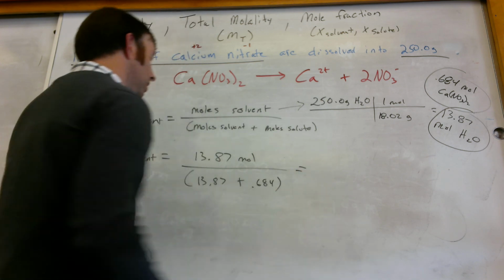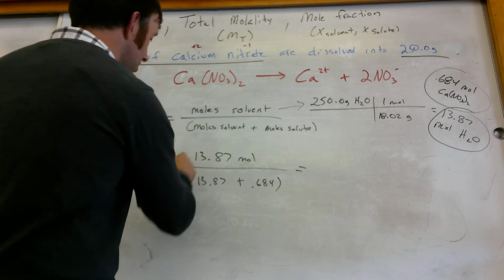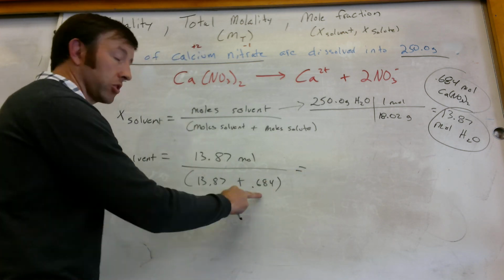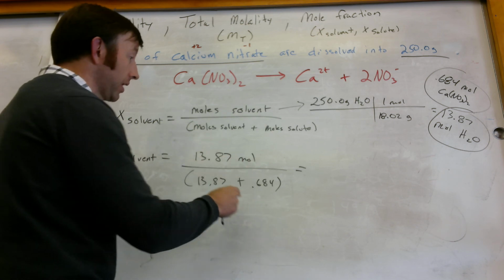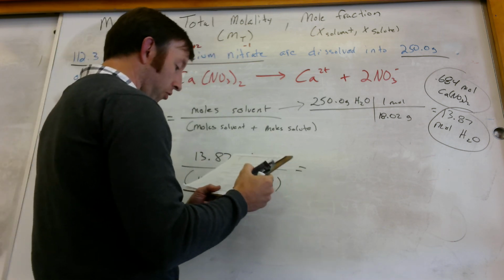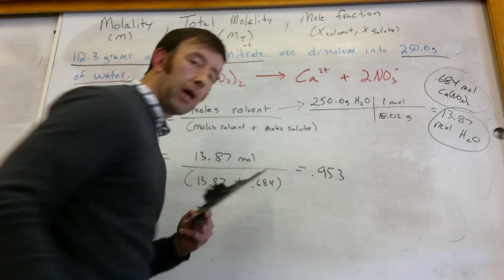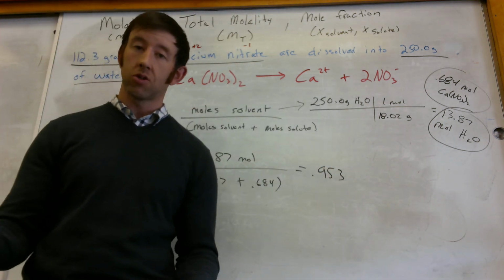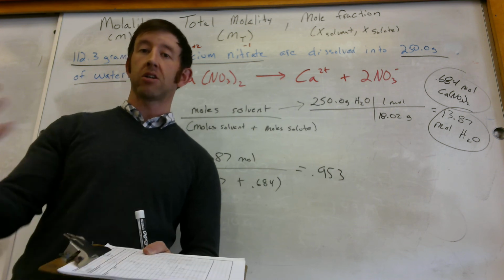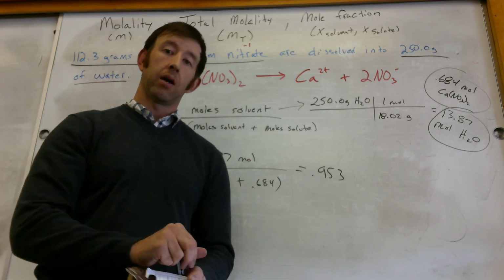I punch that in my calculator, this divided by that plus that, making sure I add those before we divide. I should get a mole fraction of 0.953, and that 0.953 has no units attached to it because it's just a fraction or a factor by which we're going to multiply later.